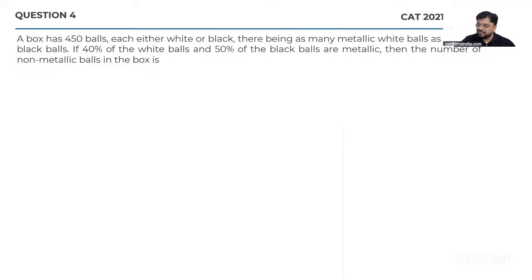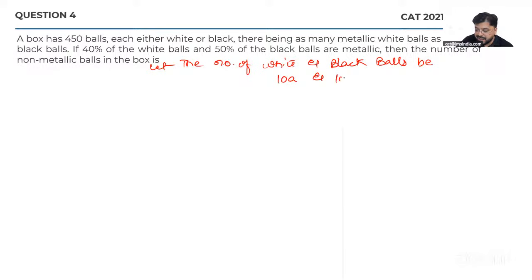Now, because they're saying there being as many metallic white balls as metallic black balls, let the number of white and black balls be 10A and 10B respectively.